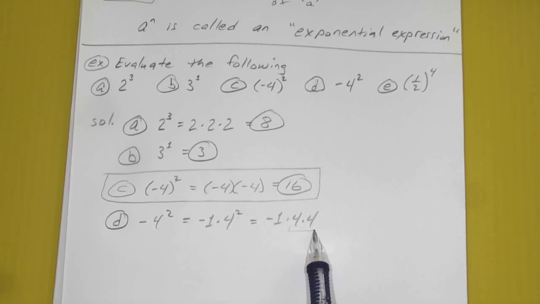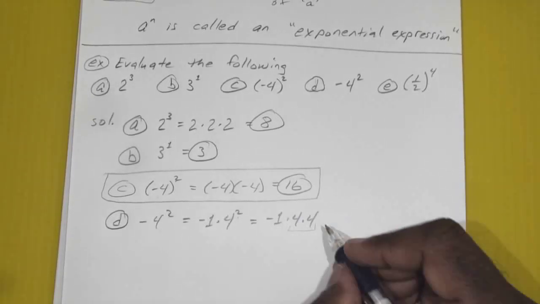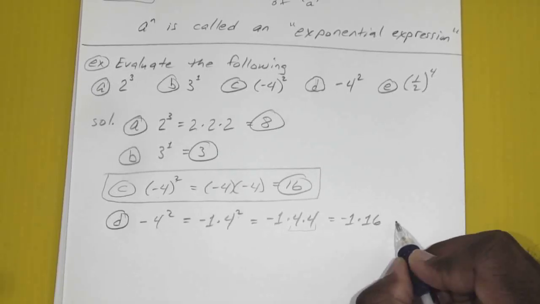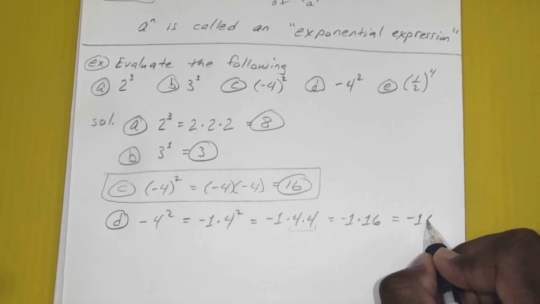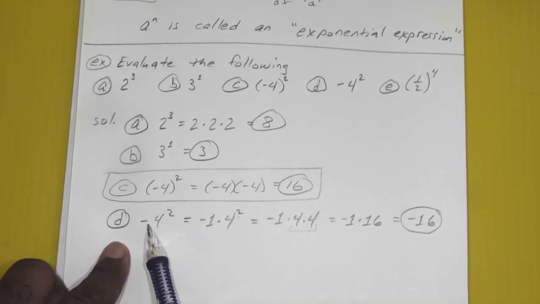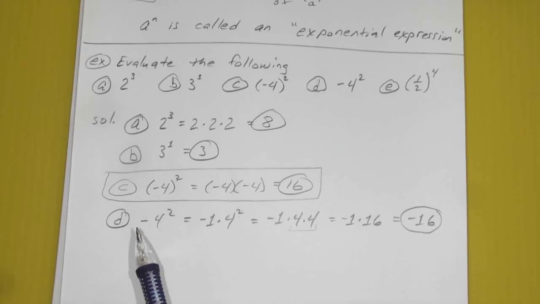We know 4 times 4 is 16, so it's -1 times 16, or just -16. That would always be negative if it doesn't have parentheses. That negative just lingers on the outside. Without the parentheses, you're basically doing the problem without the negative on it.